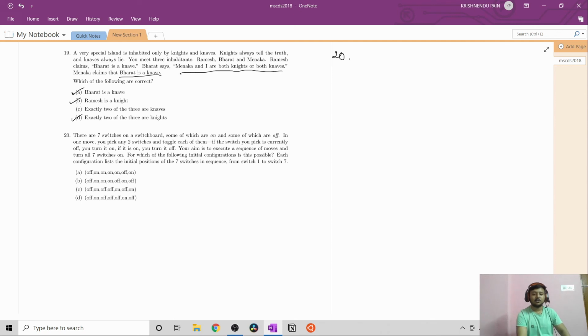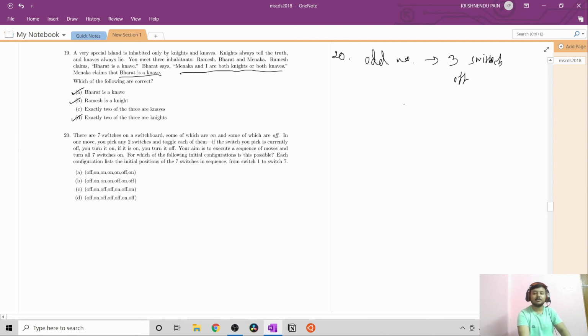To pick 2 switches and toggle them, we must need an even number of switches off to turn them all on. Taking an odd number, for ease let us take 3 switches off.